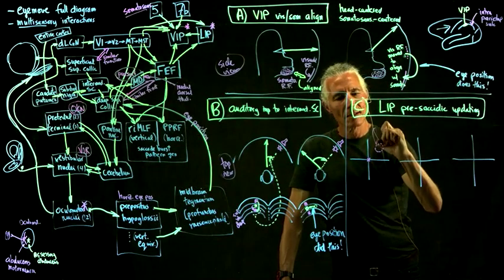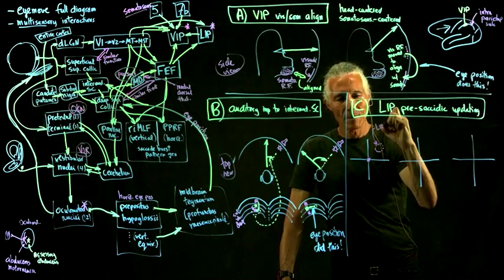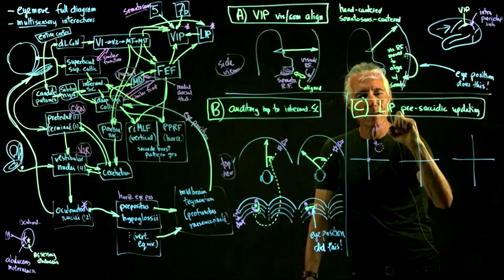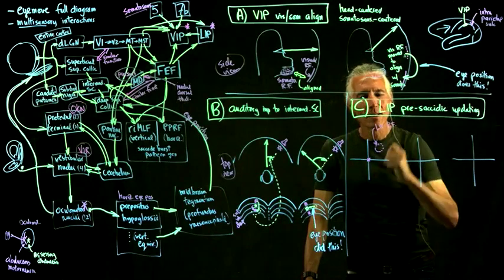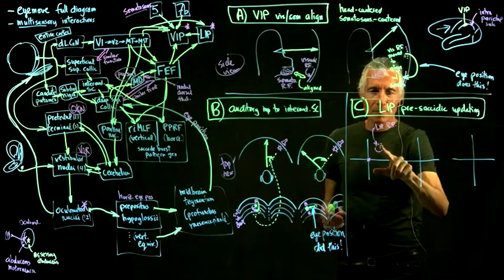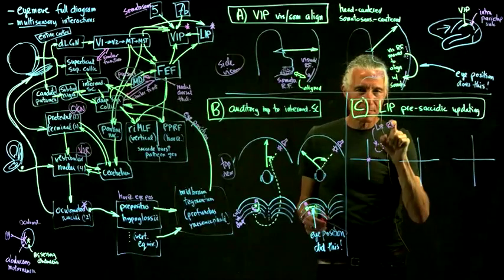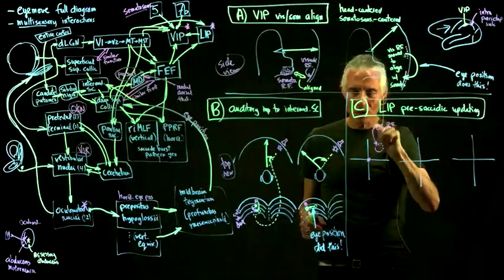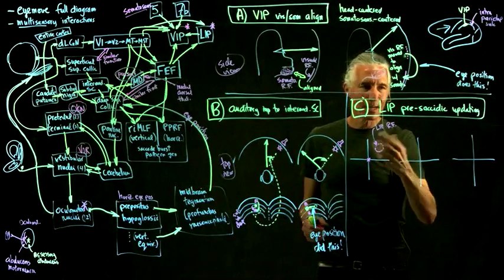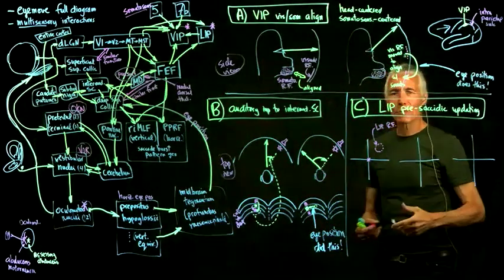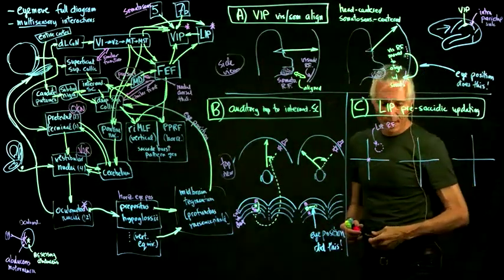LIP has a visual map in it. So how do we figure that out? We just have the animal fixate and pop little lights around for a very short while, while the animal keeps fixating, and find out where the response is. So that's where the LIP receptive field is.